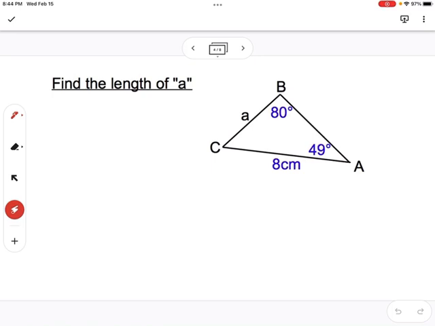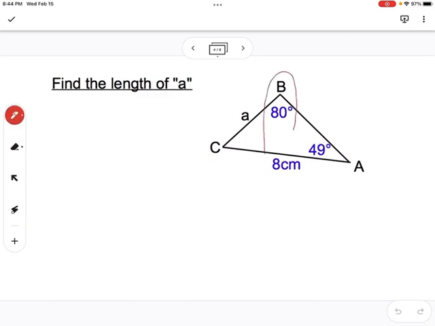So this question, we want to find the length of side A, which is this one here. We have the angle that's across from it, angle A. And we also have angle B and the length of the side across from it here.